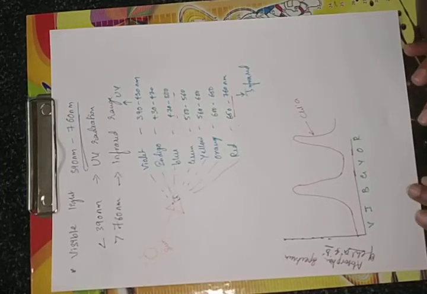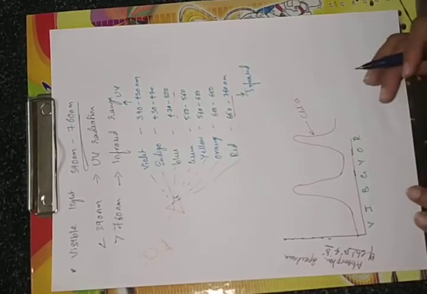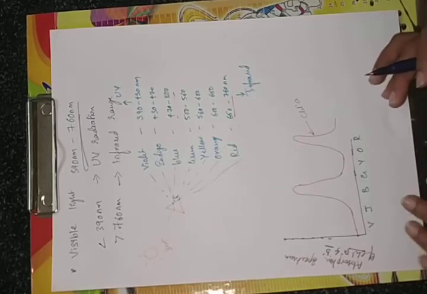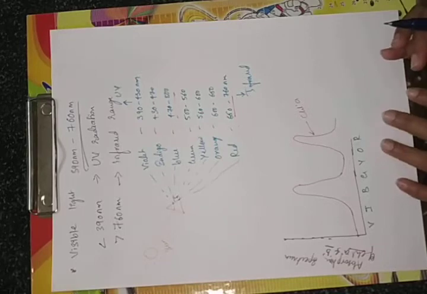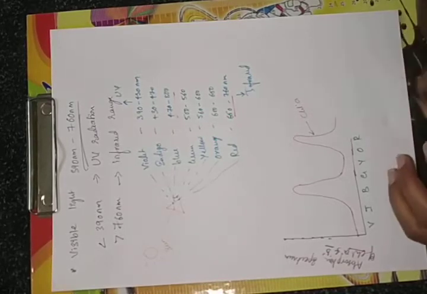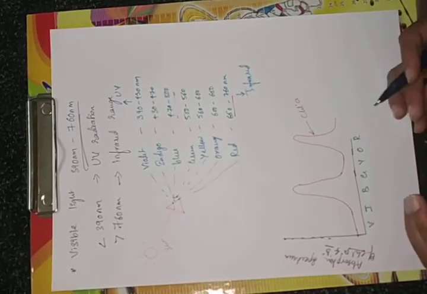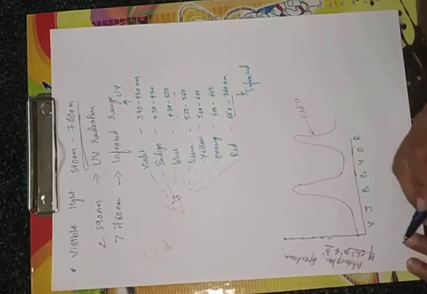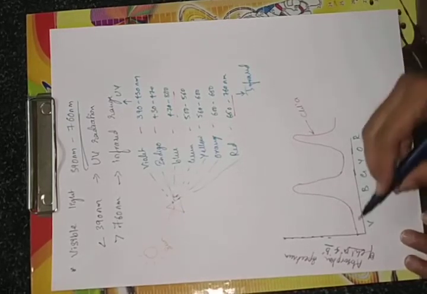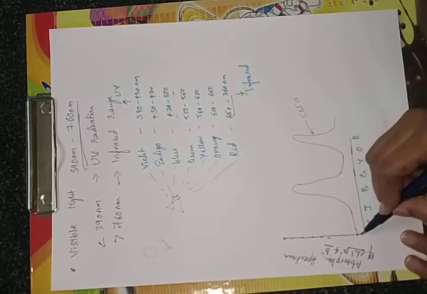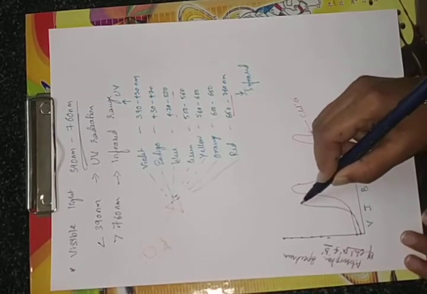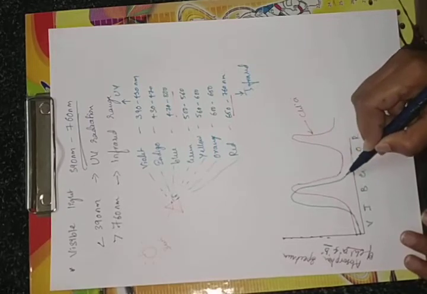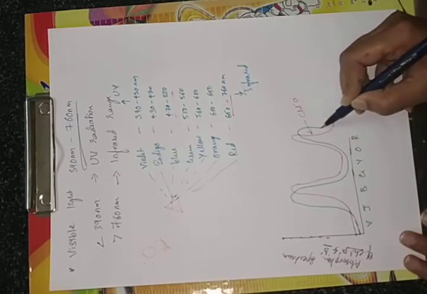Chlorophyll B absorbs the same wavelength of blue and then red color, but due to the structural change, only the wavelength differs, that's it. See, this will be chlorophyll B.